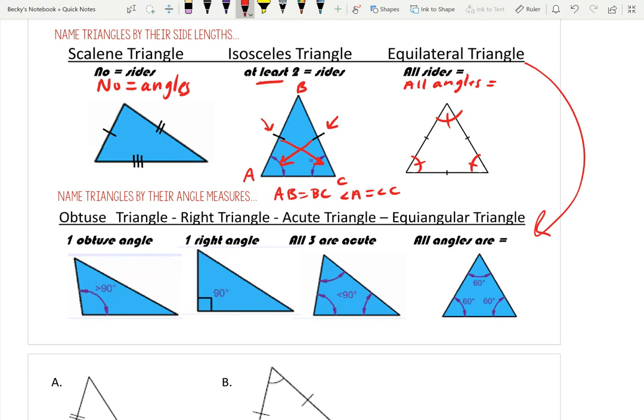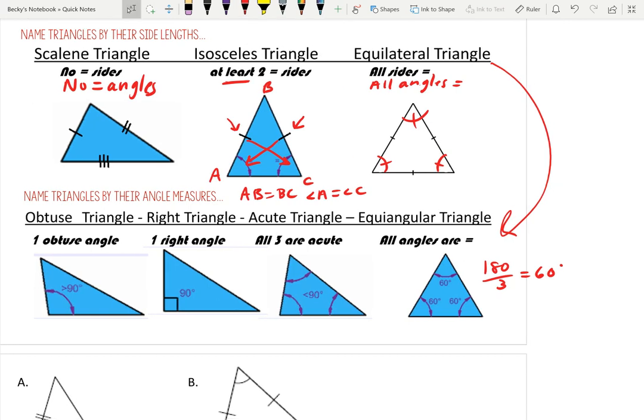Every single time this happens, every angle is 60 degrees because 180 divided by 3 is 60. So anytime it's equilateral, it's automatically equiangular, and each angle is 60. When it's both equilateral and equiangular, we call it regular.